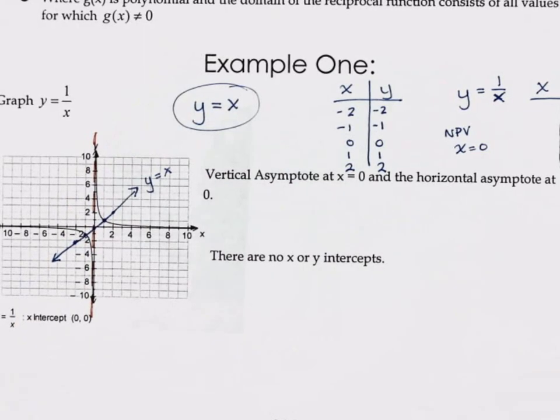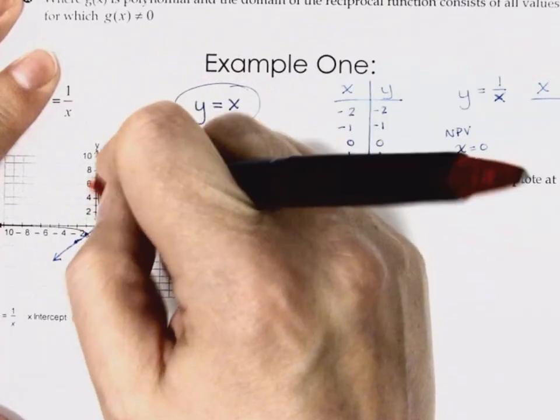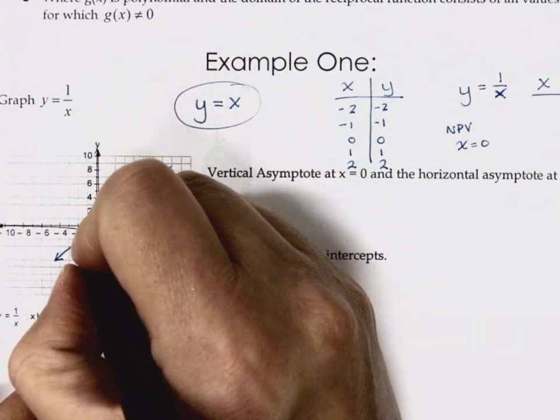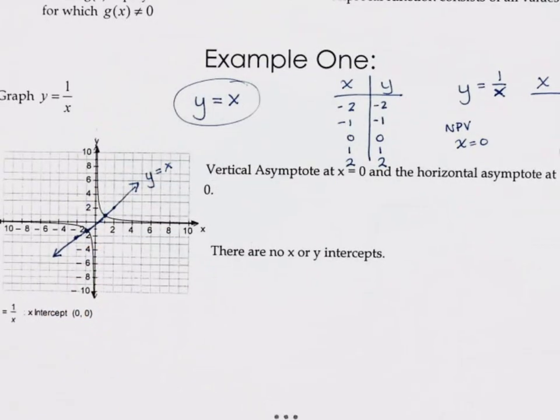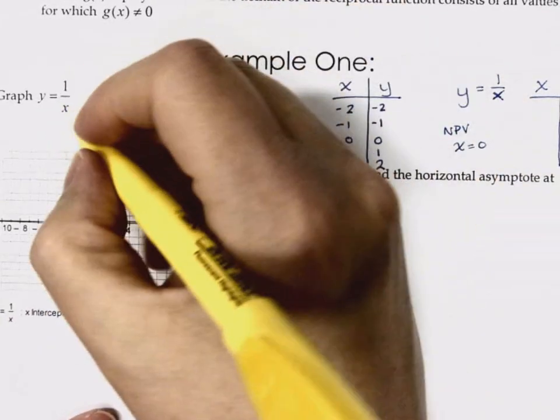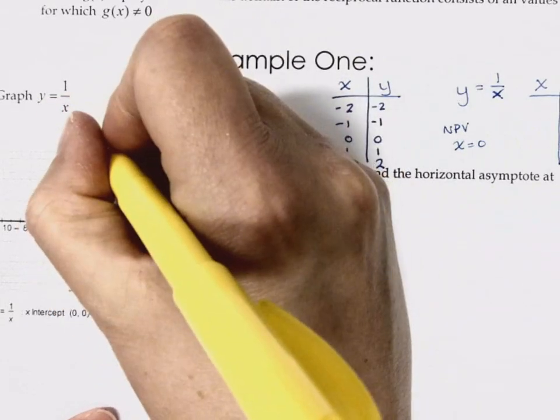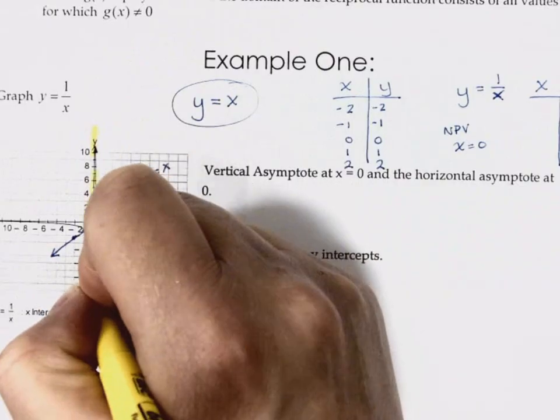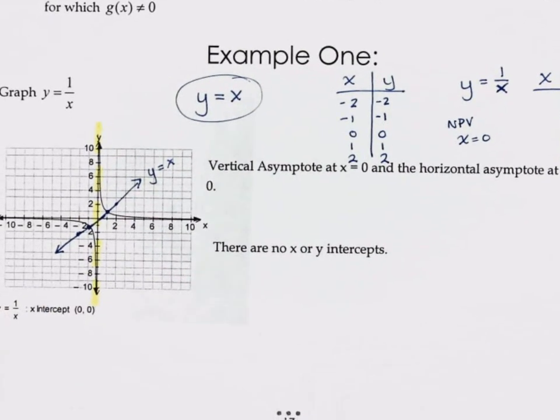That's still really not great. Let me see if I can find a better one. Oops, I just took out my blue there for a second. On the y-axis, because x equals 0 is going to result in a vertical line. So I'm going to have an asymptote. It's a little bit better. You can kind of see it. My yellow is going to be my asymptote.